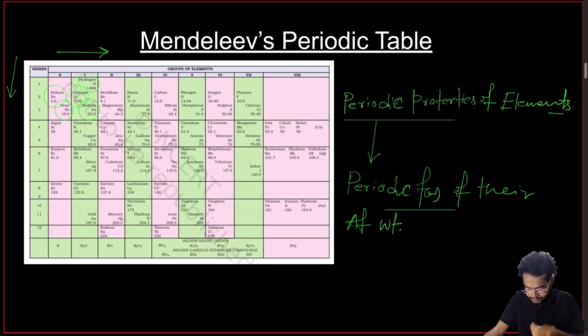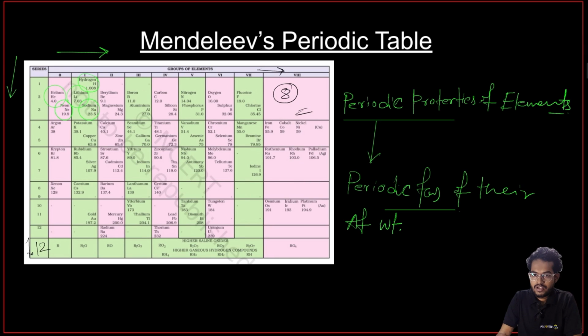So this is your Mendeleev periodic table. As you can see here, there are eight groups and 12 series. For this periodic table, there are a few things wrong with it.